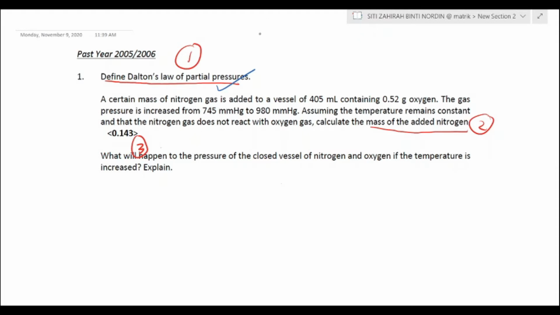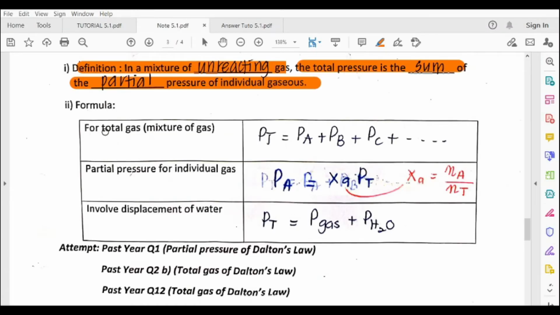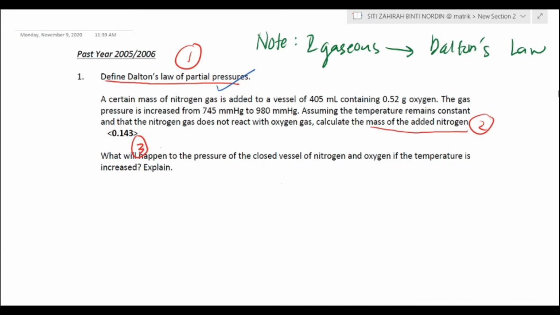So remember class, definitely you're going to use Dalton's law. Dalton's law has 3 formulas, which are for total gas, partial pressure, and displacement of water. So we're going to look at which formula we're going to use to find the answer for this question.